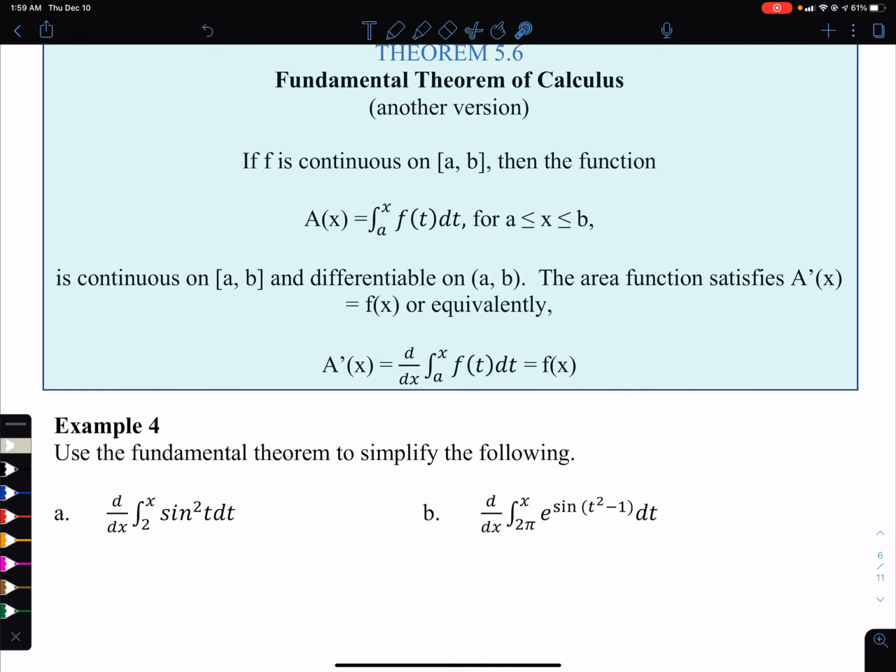I don't know why, but every year people struggle with this. You need to wrestle with this and have it make sense. You have to know this is a constant. We'll do some examples. And that has to be just x, like that. So, just like any other derivative, you have to have a variable. There it is.